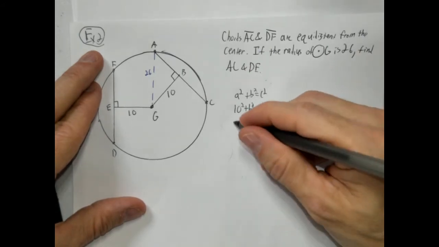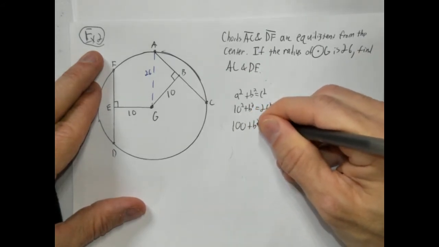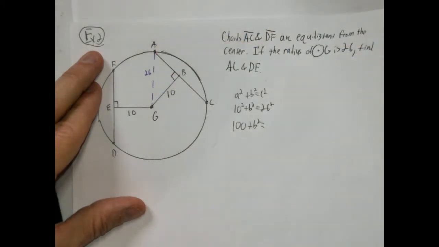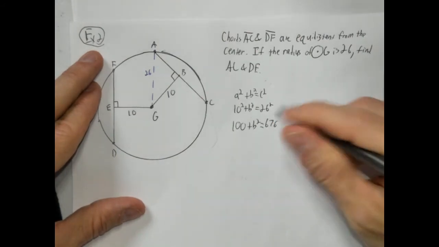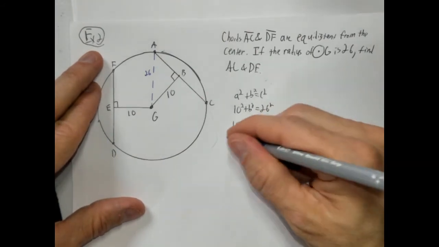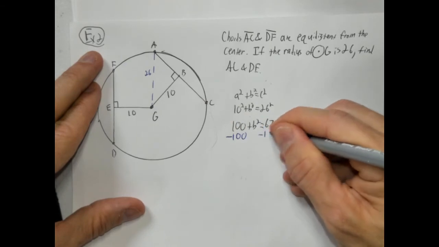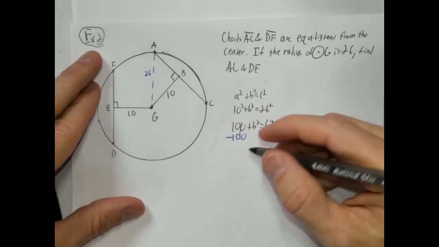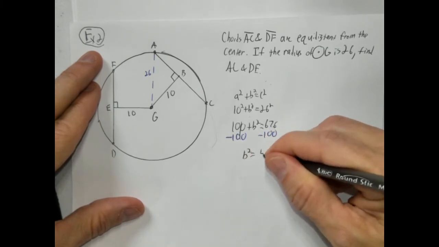10 squared is 100. B squared is b squared. 26 squared, I don't know off the top of my head. And it's 676 for anybody wondering. And now we're going to get b squared by itself by subtracting 100 from both sides. And we will get b squared equals 576.